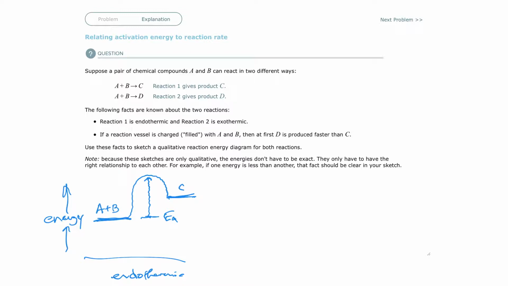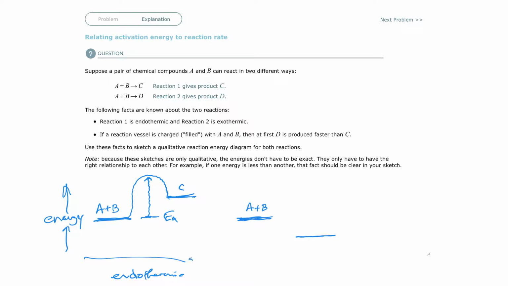The opposite would be exothermic. You're going to start at that same level. Okay, so here's A plus B, and you're going to be exothermic. That means your thermic or your heat energy is going to leave. Well, if it left, it means it was there to start with. It was stored in the bonds of the reactants, and now the bonds of the products don't need that much energy. Okay, so the remaining energy leaves. That's exothermic.